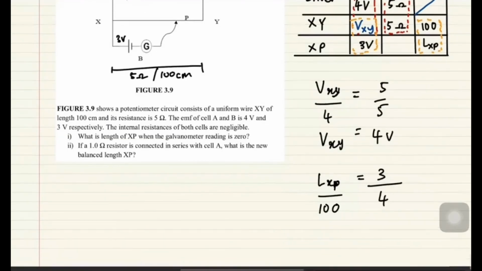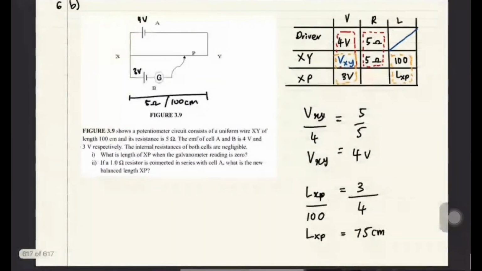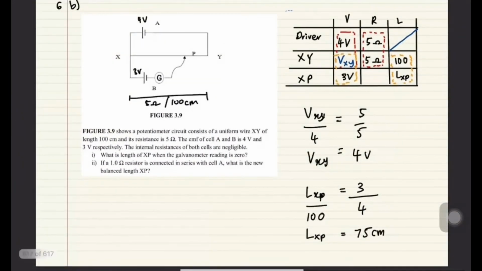Okay, 100 divided by 4 is 25, times 3 is 75 cm. 75. Okay, very good. That is the first step. Obviously you can try to solve this without using the table, but I prefer using the table. Just copy everything, then try to do the next question.